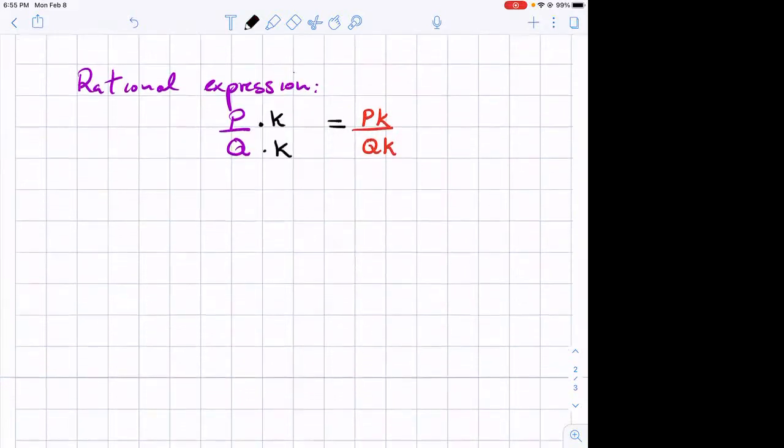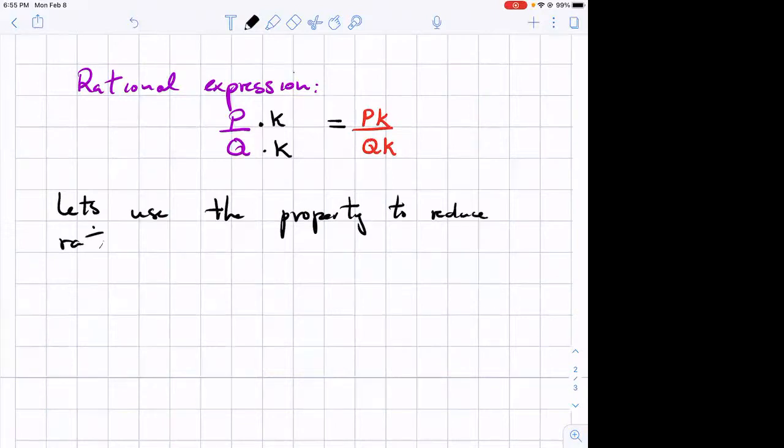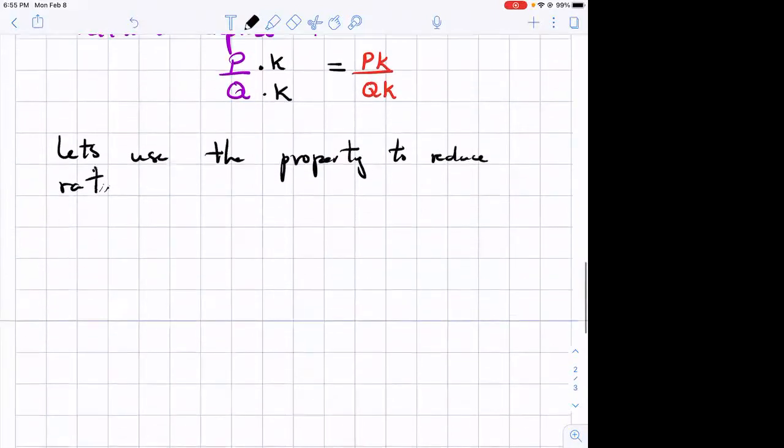So let's use the property to reduce a rational expression.